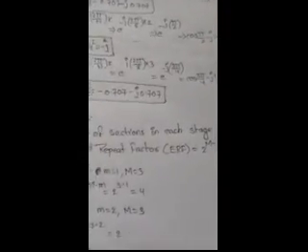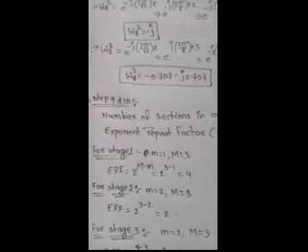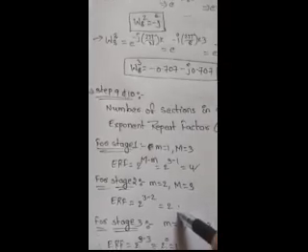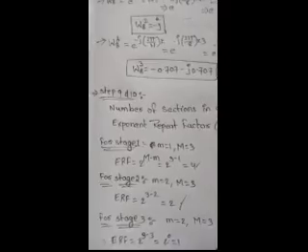Capital M value is 3 and small m value changes depending upon the stage index. For stage 1, small m is equal to 1 and capital M is equal to 3, so ERF is equal to 4. Likewise for stage 2, and for stage 3 we got 1.